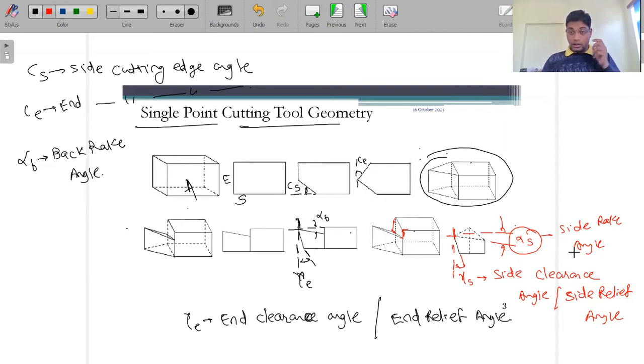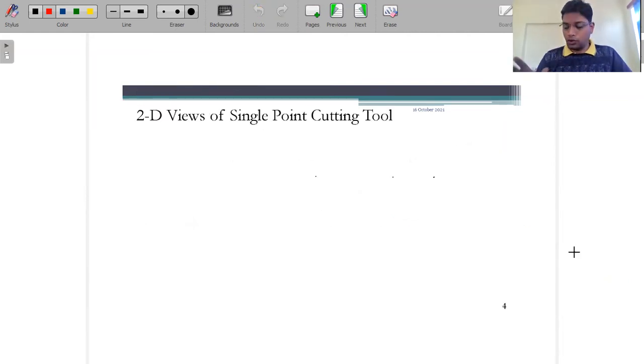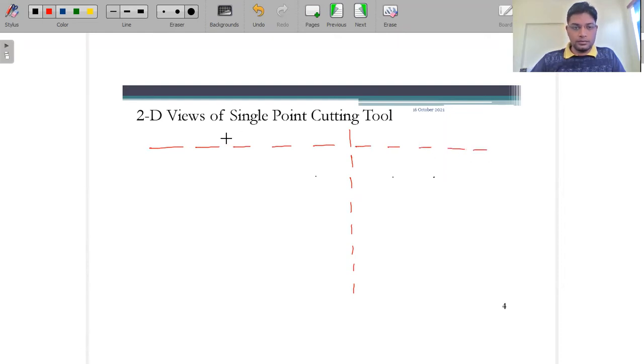Okay, so if we draw the 2D views, what will it look like? First, the front.